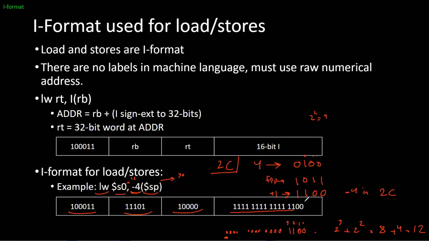Sign extend is nothing but copying the sign bit as many times as you need to fill the space. If it's a 1, you put so many 1s. If it's a 0, you fill that with 0s. So basically, that's it. Here we have this assembly, and this is the machine code for that. The only tricky part is this -4. If it was a positive, it would be more straightforward.